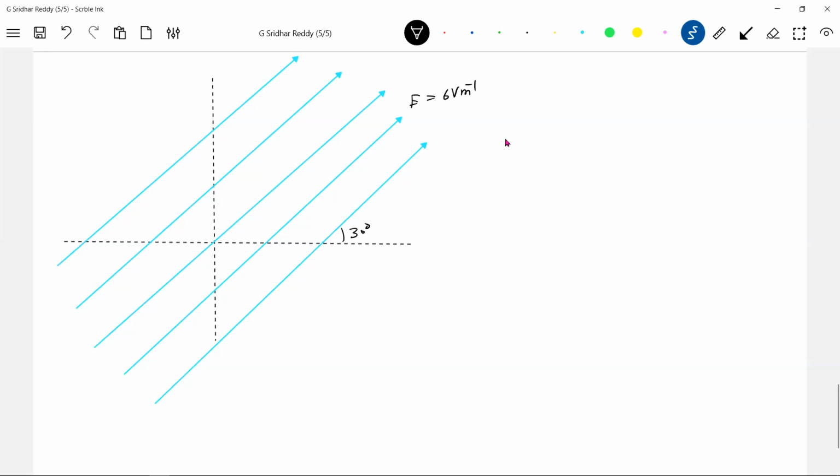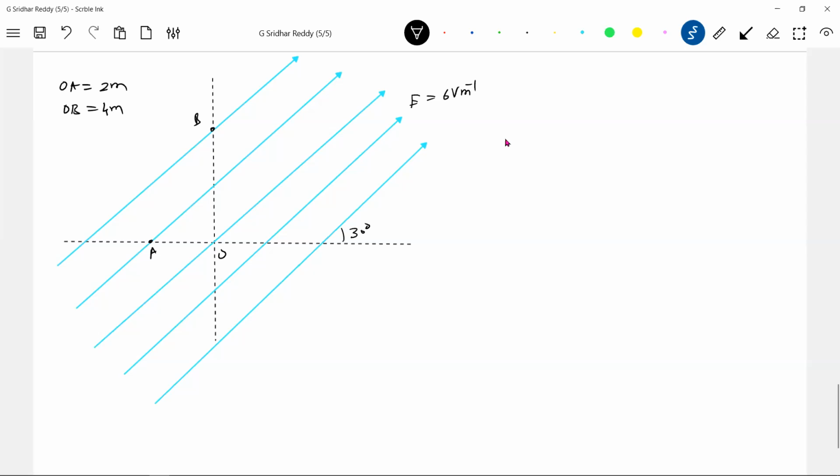So let me choose 2 points. There's a point A and there's a point B. OA is 4 meter.